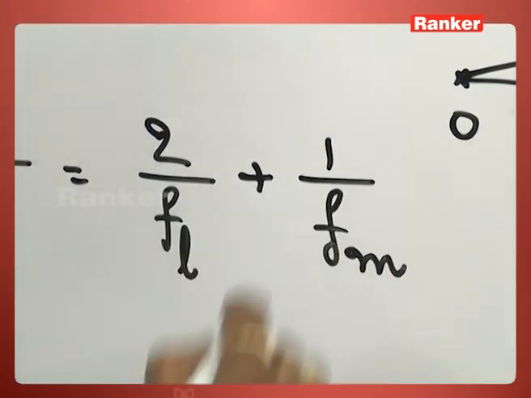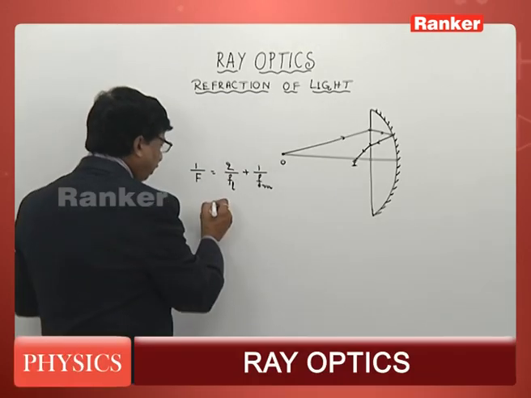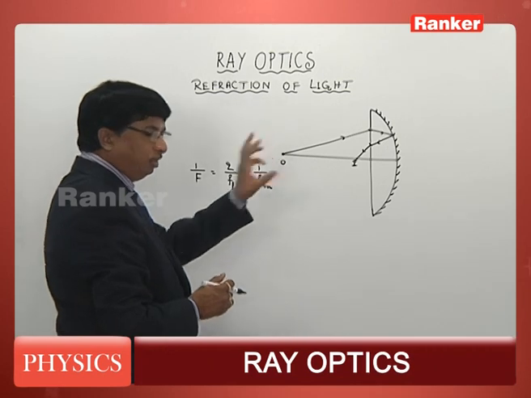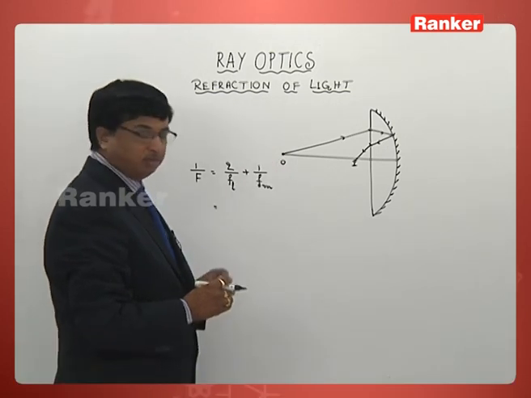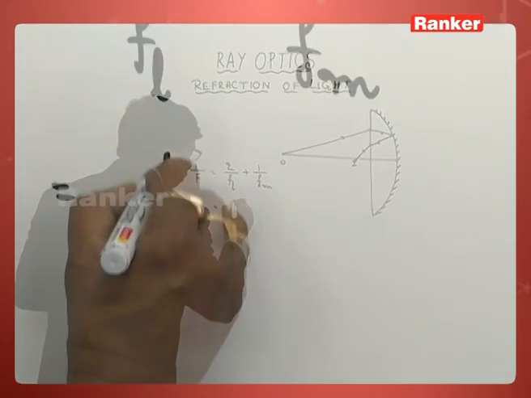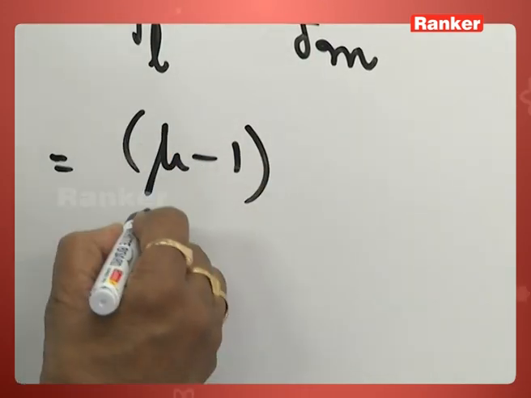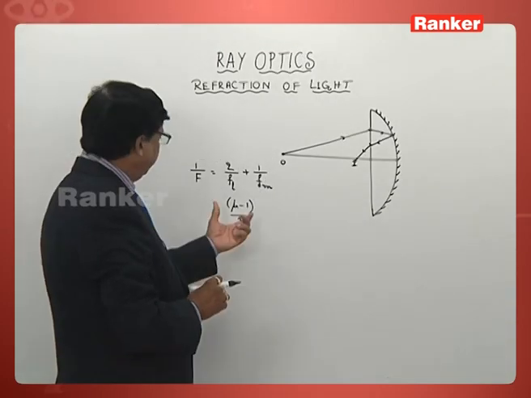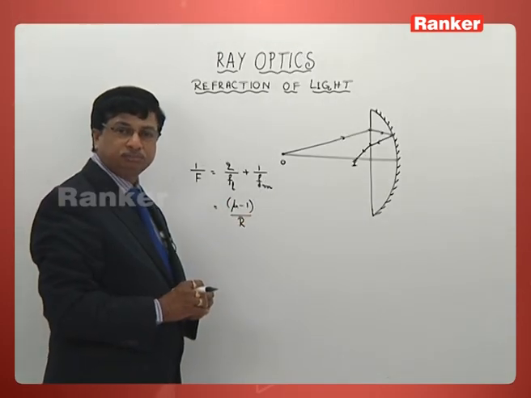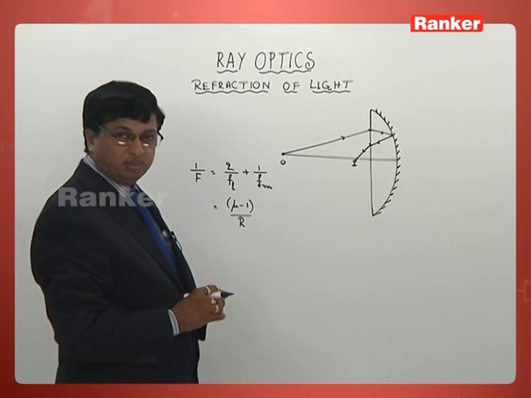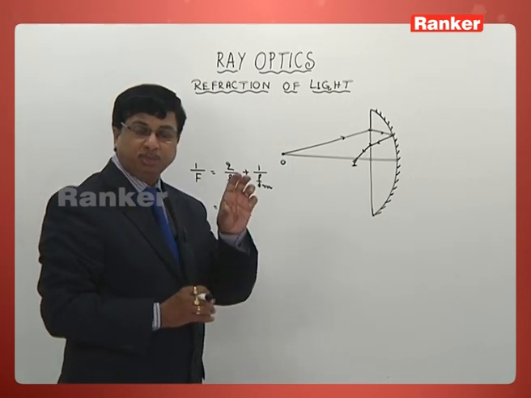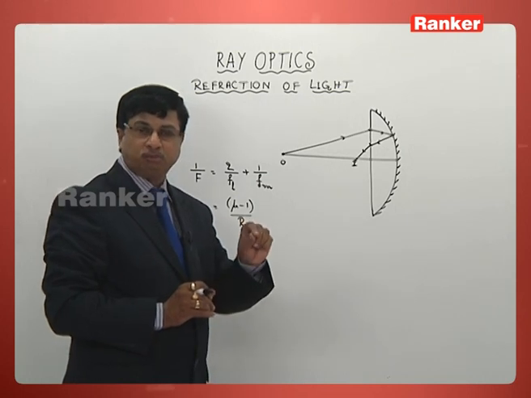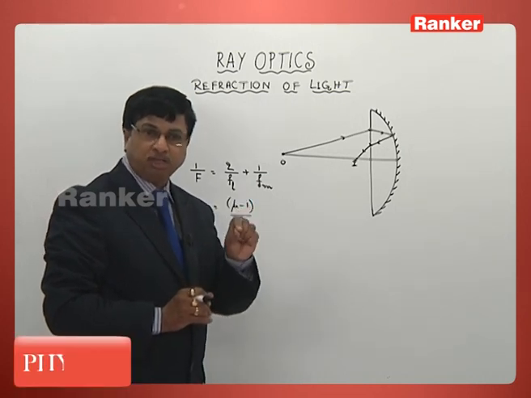length of the mirror. But all of you know very well, 1 by focal length of a plano-convex lens is going to be mu minus 1 by r. According to the lens maker's equation, that's what is called the lens maker's formula, focal power P is equal to 1 by f is equal to (mu minus 1) into (1 by r1 minus 1 by r2).